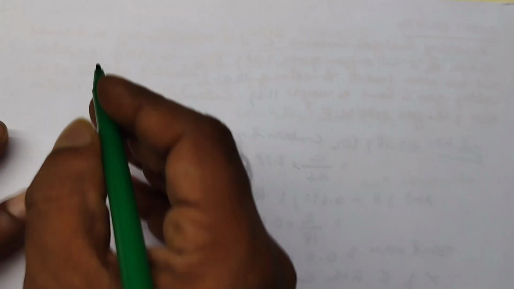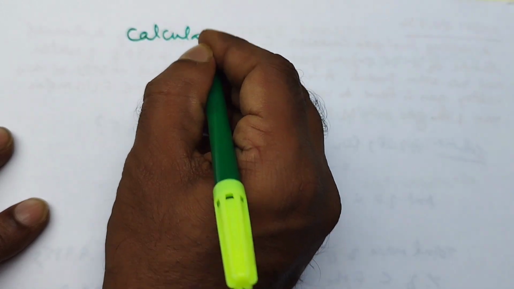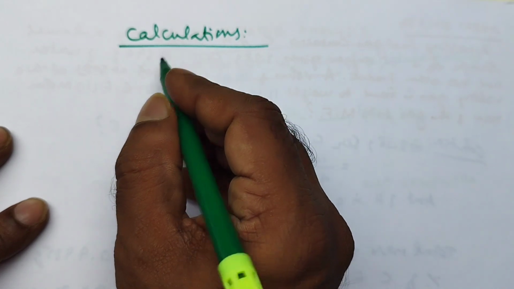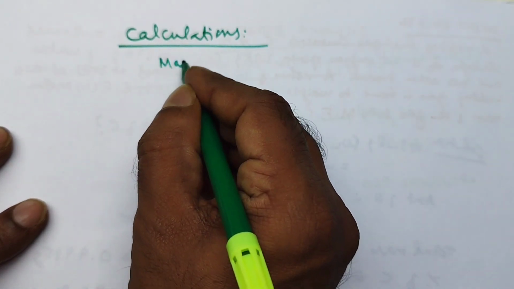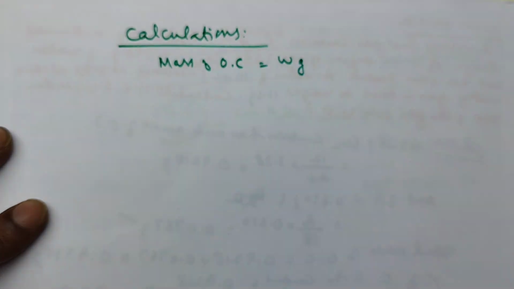Now we can see the calculations. First, the mass of the organic compound is W gram.